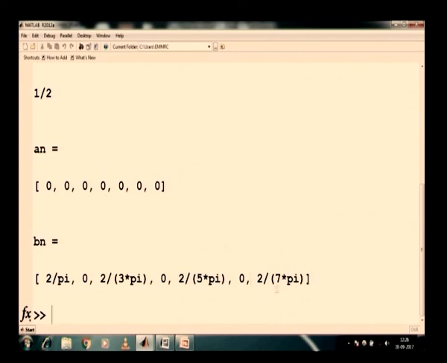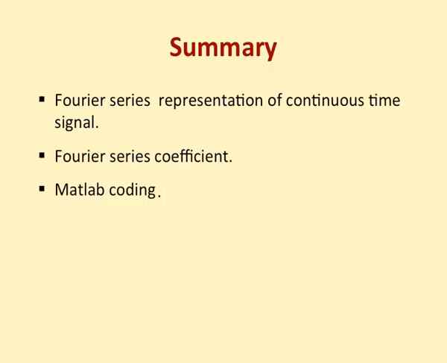If you increase the n value, you can increase the number of coefficients. So, in today's episode we have discussed the Fourier series representation for continuous time signals, what the Fourier series coefficients are, how to obtain them by mathematical expressions, and how to write the MATLAB code.